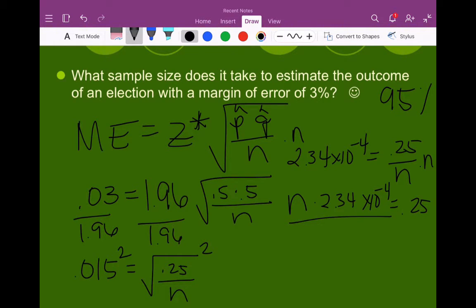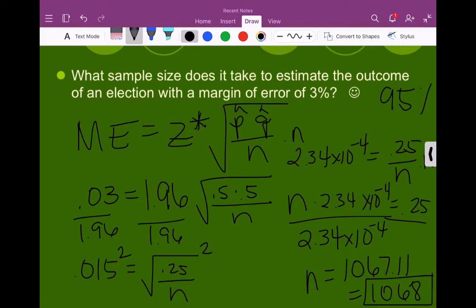Then we divide by 2.34 times 10 to the negative fourth on both sides, and we get that n equals 1067.11. You always round up. We're talking about people here, so it has to be a whole number. So in this case, our sample size would be 1068, and that would be our final answer.